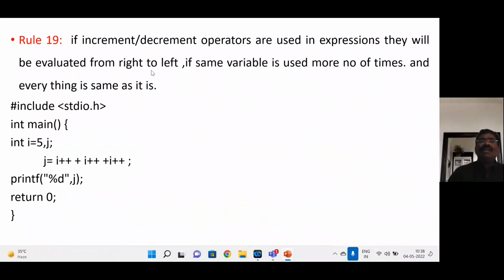The 19th one: if increment and decrement operators are used in expressions, they will be evaluated from right to left.